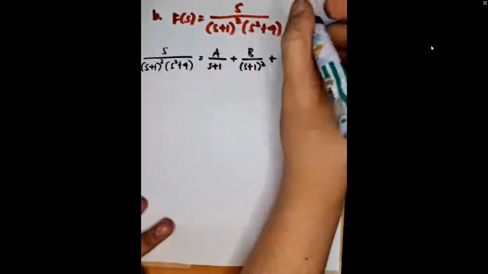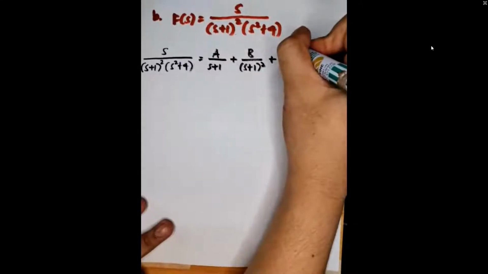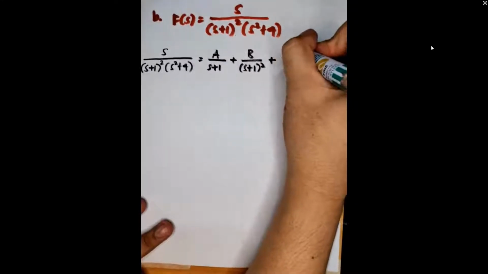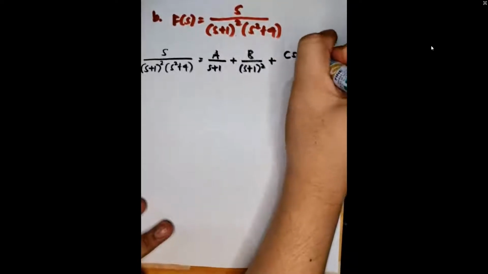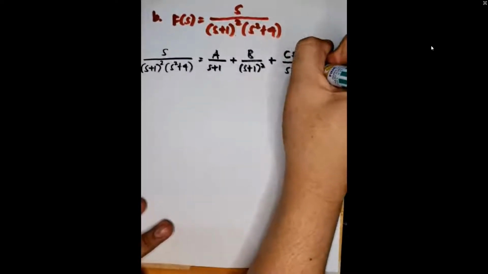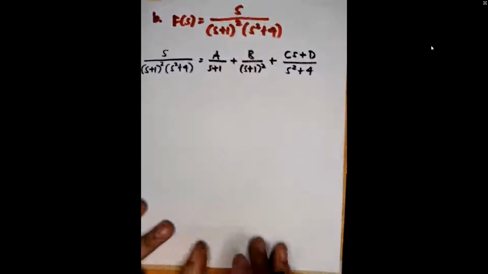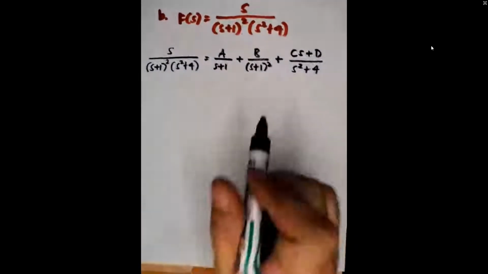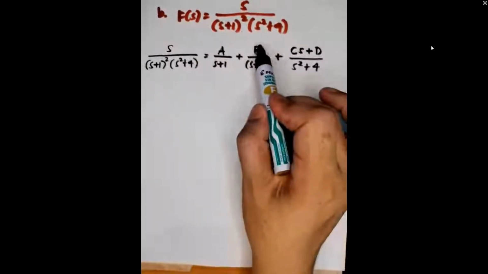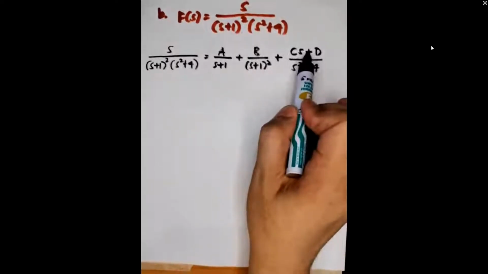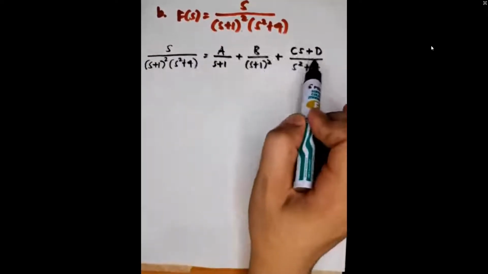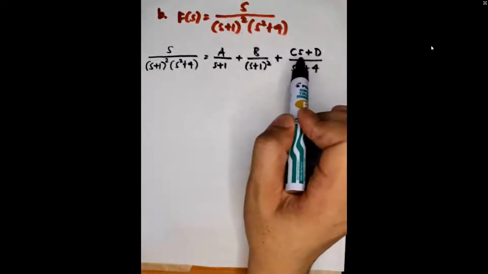So that's equal to (Cs plus D) over (s squared plus 4). That's the difference between linear and quadratic. Pag linear, A lang. Pag may quadratic ka, ganyan.